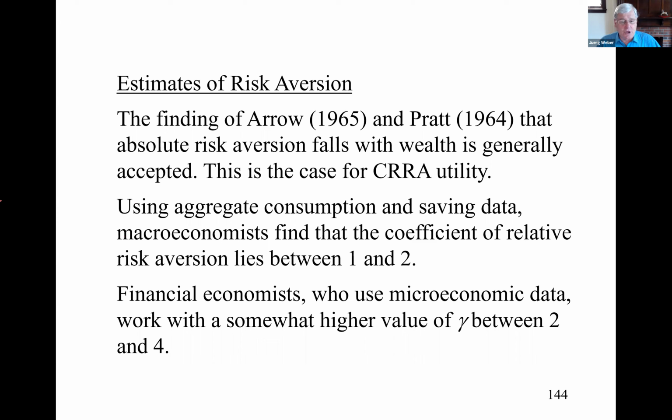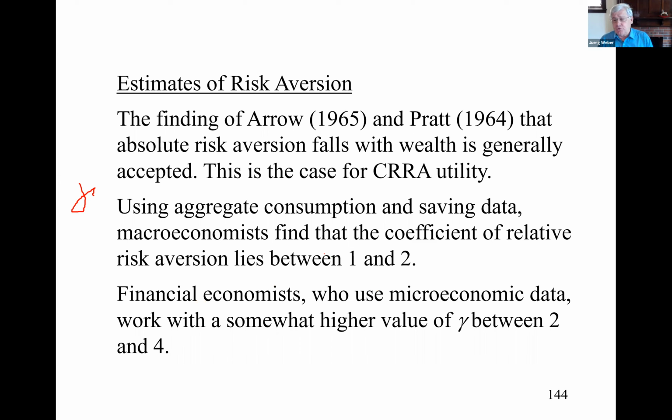Now, the question is, if we have the constant relative risk aversion utility function, what is actually gamma? What is the size of the parameter gamma? Macroeconomists typically say gamma is equal to 1 or 2. Financial economists work with a little bit higher gamma, 2 up to 4.